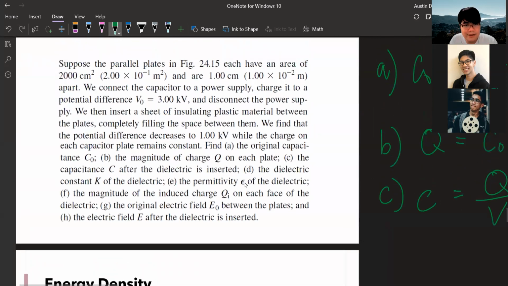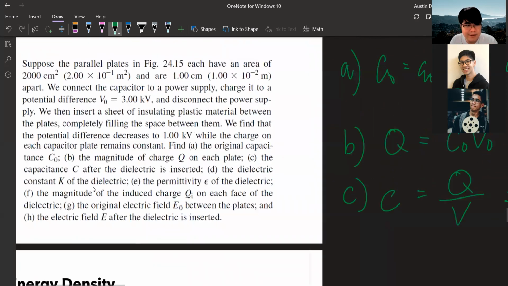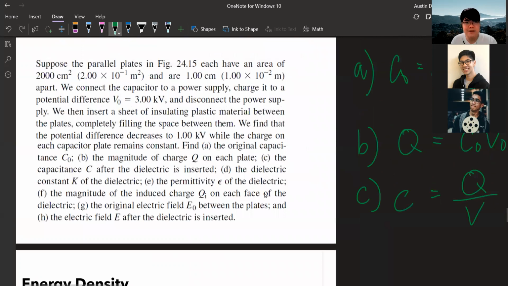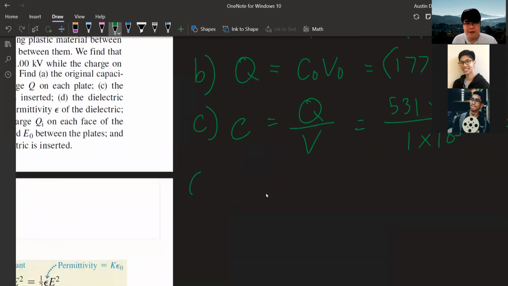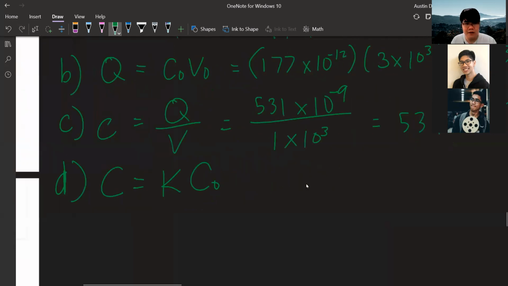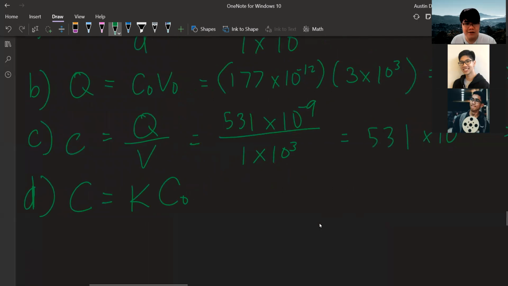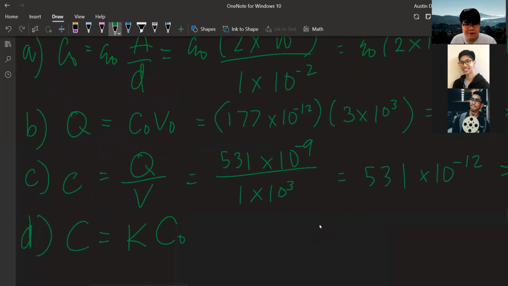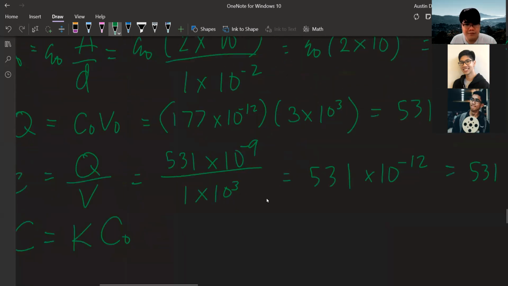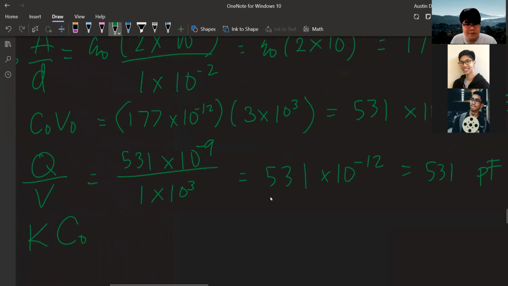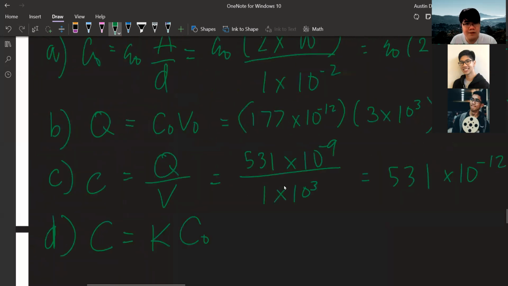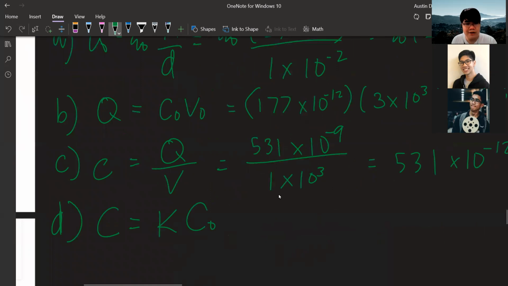And then letter D, dielectric constant K of the dielectric. Dali lang itong D, no? Kasi C must be equal to K times C naught. Okay, pwede mo siya mentally actually. So C naught natin, balik lang muna natin.